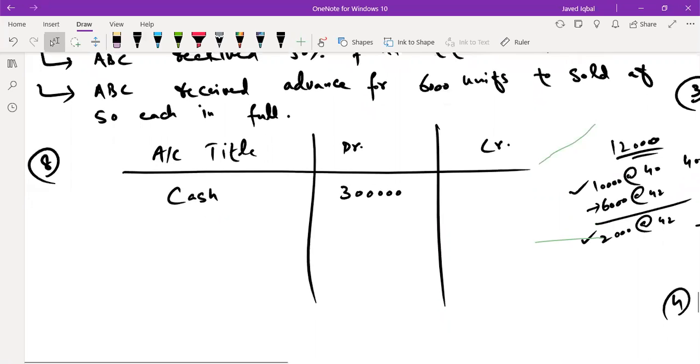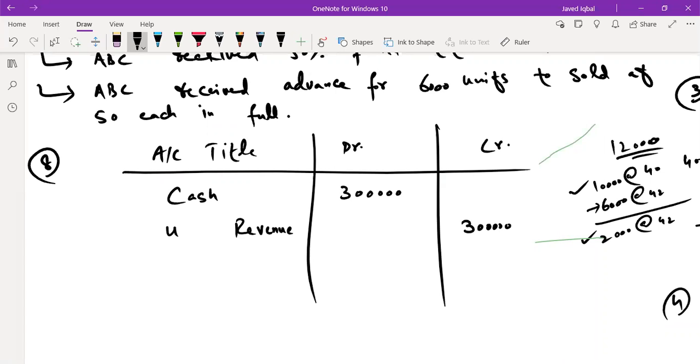Now you receive this payment in advance basically, and you have not delivered these goods to that person. So this is still your revenue of 300,000, but this revenue you have not earned.